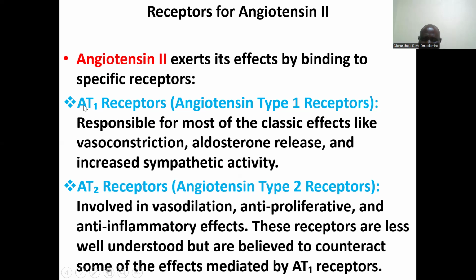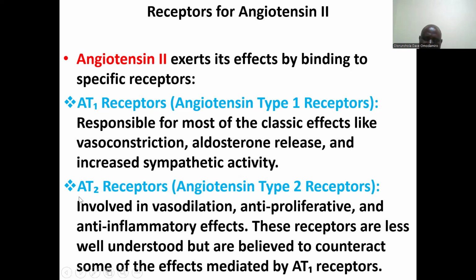AT1, meaning angiotensin receptor 1, is responsible for most of the classical effects that we've seen with angiotensin 2. Effects like vasoconstriction, aldosterone release, and increase in sympathetic activity.